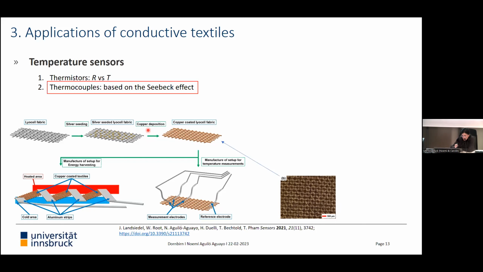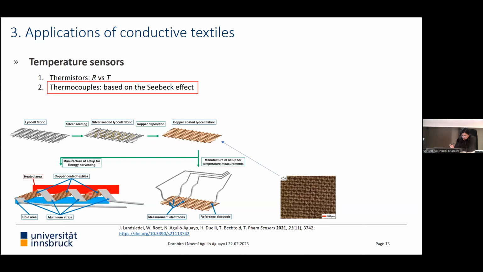First, we had a lyocell fabric, and what we did is electroless copper deposition to get a conductive textile, a copper-coated textile. And we created this temperature sensor by combining this copper-coated textile with aluminum stripes.